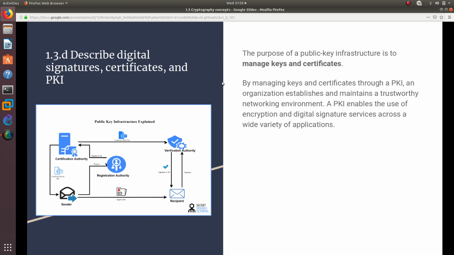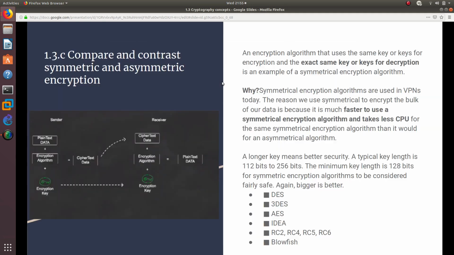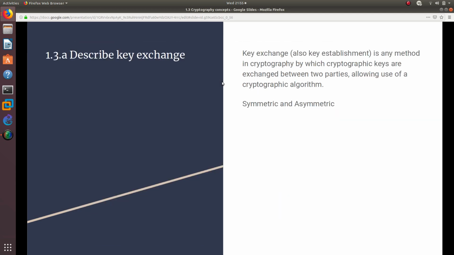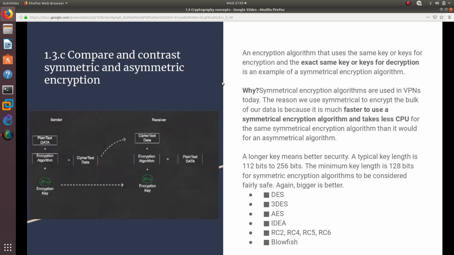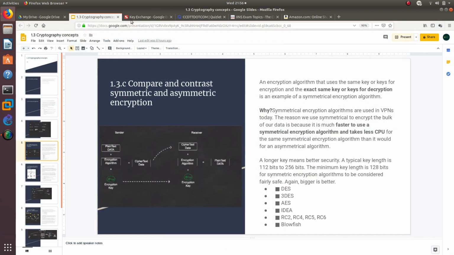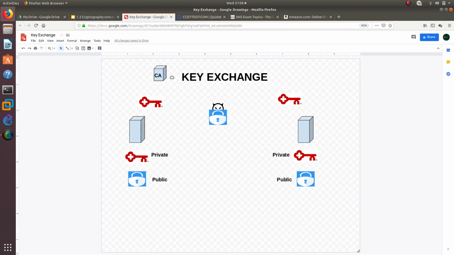Sorry for that. I want to go back to the symmetric algorithm. You were probably wondering how the symmetric key is sent over to somebody. I have a chart actually, on the key exchange, so I'm going to show you guys how it works.